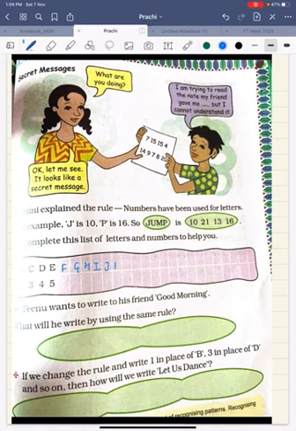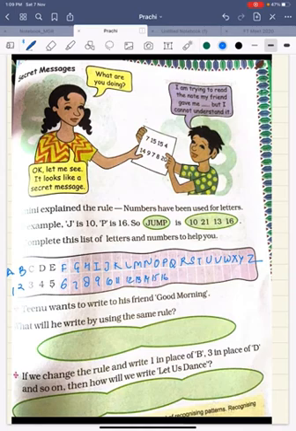I, J, K, L. Like this, you have to write all the alphabets. Okay. And each alphabet is getting its number. So after 5, F is 6, 7, 8, 9, 10, 11, 12, 13, 14, 15, 16, and so on.